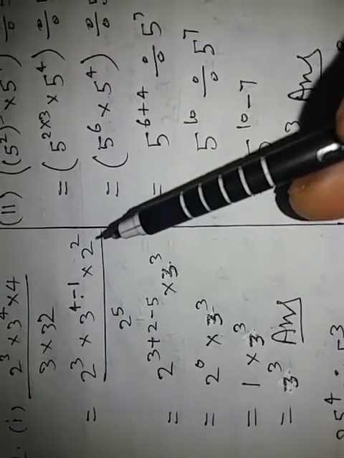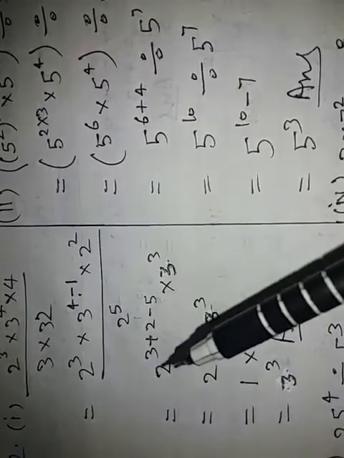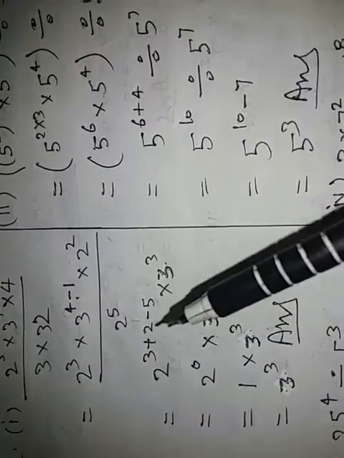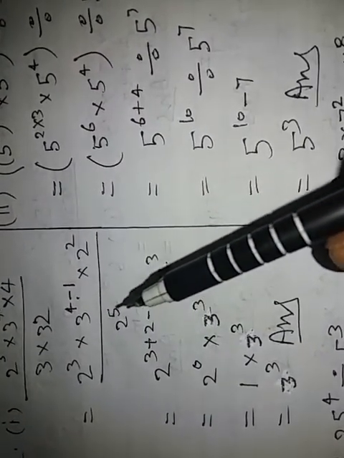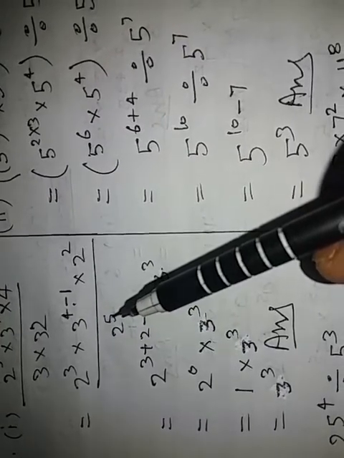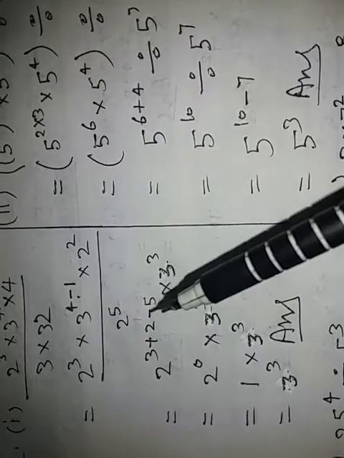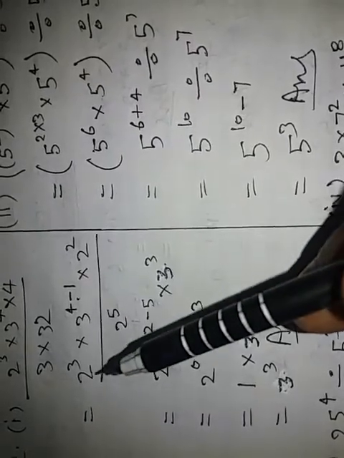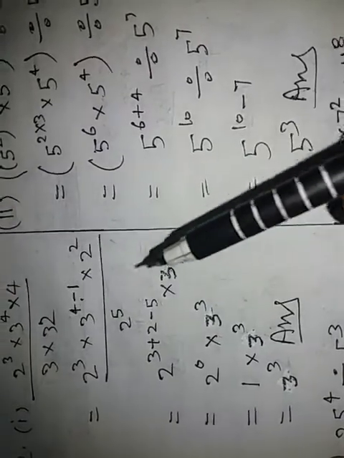Here the bases are the same, 2 and 2, so we have to add the exponents: 2 to the power 3 plus 2, and minus 5. Okay. 2 to the power 3 plus 2 minus 5 because the bases are the same, into 3 to the power 4 minus 1.